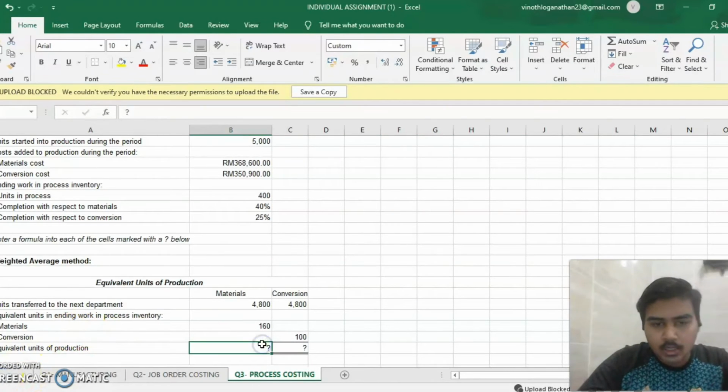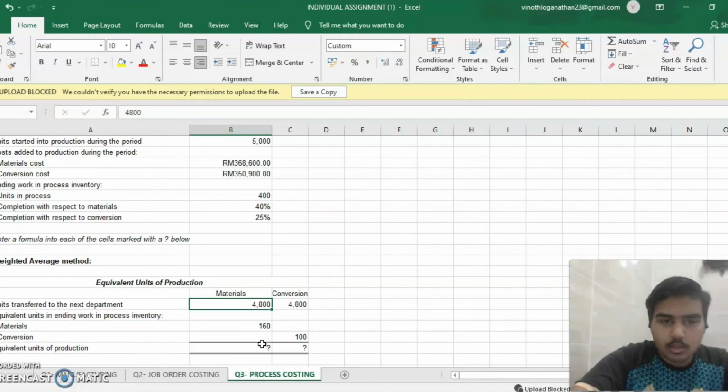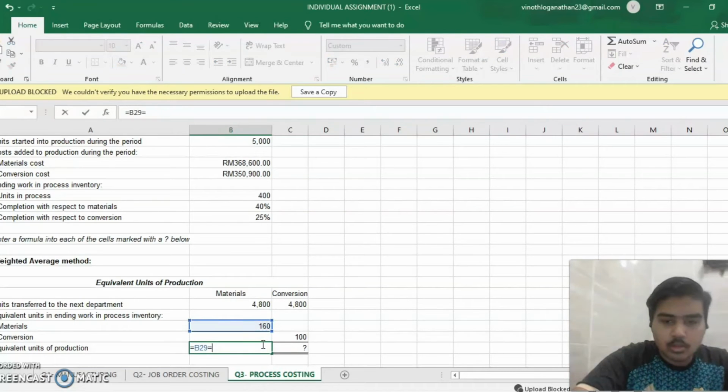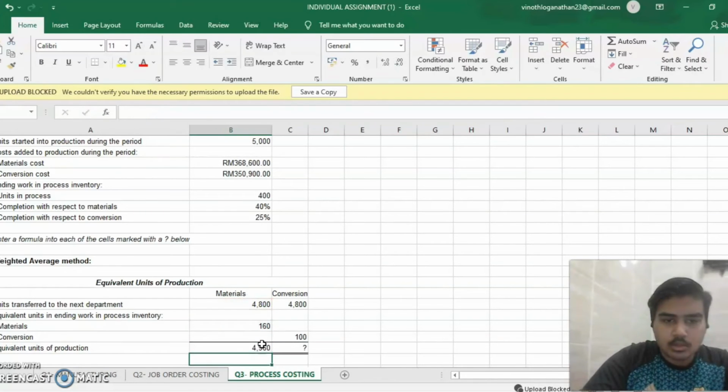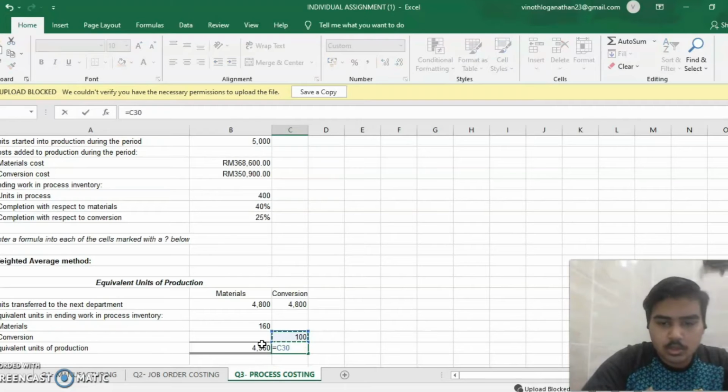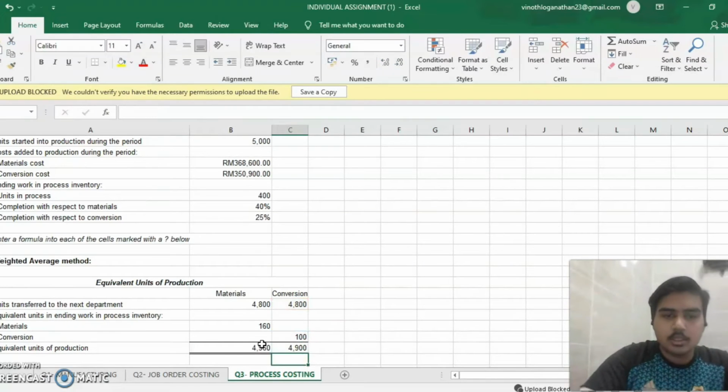So we add these both, so the equivalent units is this plus this.